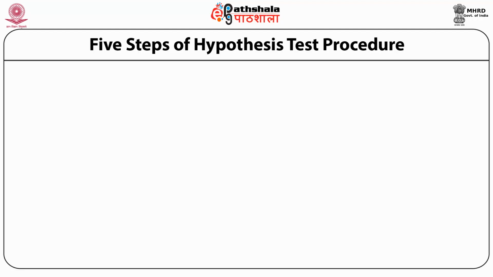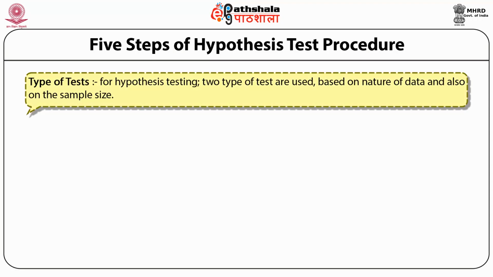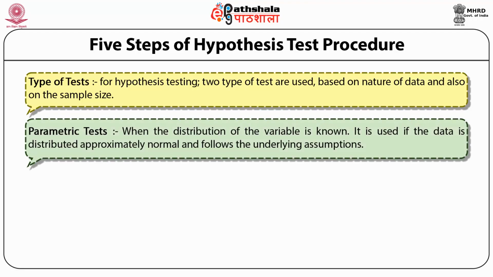There are 2 types of tests conducted in hypothesis testing, based on the nature of the data, and it also depends upon the sample size. If the sample size is adequately large, say more than 30 or even more than 60, we have to apply a parametric test. What do you mean by a parametric test?